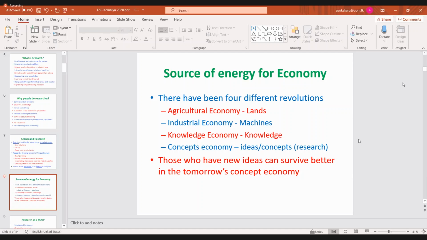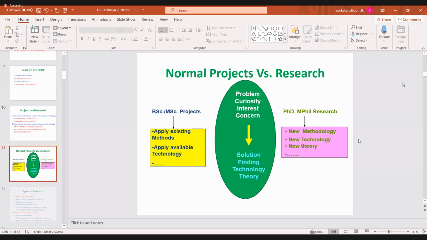Where demand is for new ideas or concepts.